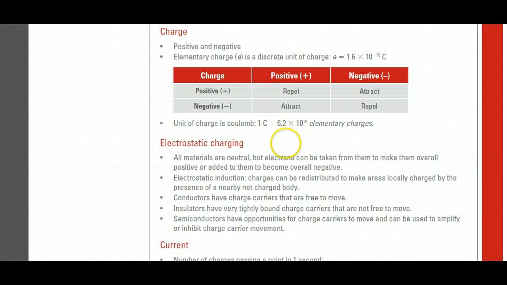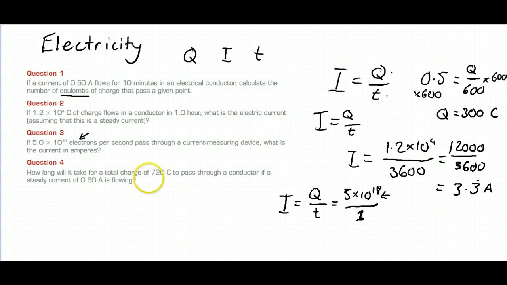Okay, here we are back at our summary page, and we can see that to find coulombs, we need to know that 1 coulomb equals 6.2 times 10 to the 18 elementary charges. So 6.2 times 10 to the 18 elementary charges, that would be 1 coulomb.